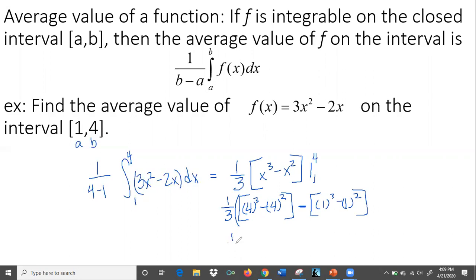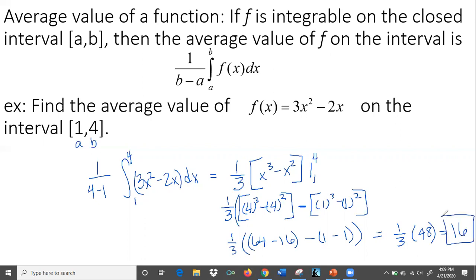We're going to be left with 1/3 multiplied by 64 minus 16 minus 1 minus 1, which is going to leave us with 1/3 multiplied by 48, which gives us 16. So the average y value of this function in between 1 and 4 is going to be 16.